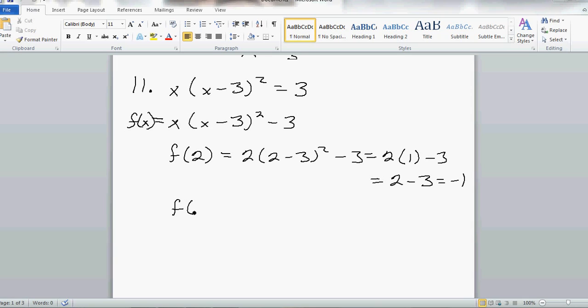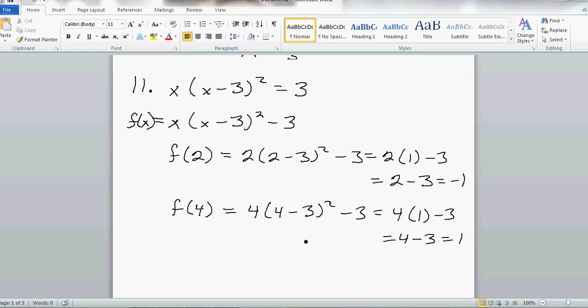And we're also told between f of 4, or 4 also. So that would be 4 times 4 minus 3, quantity squared, minus 3. That's 4 times 1 minus 3 equals 4 minus 3, or positive 1.